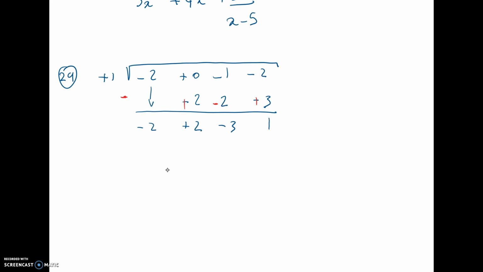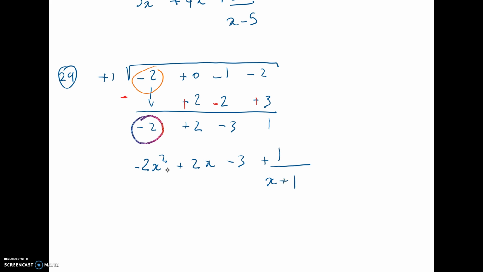The first negative 2 was corresponding to the cube, so the second negative 2 right here is corresponding to x squared. And so we end up, at the end of the day, with negative 2x squared, decreasing exponent, plus 2x minus 3, and obviously plus 1, which is the rest, over x plus 1.